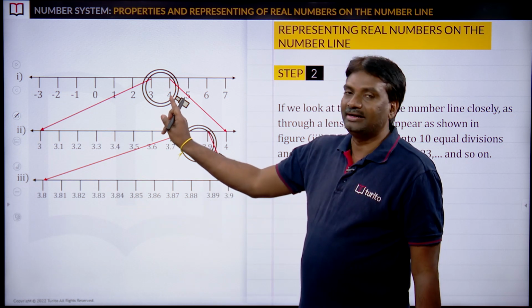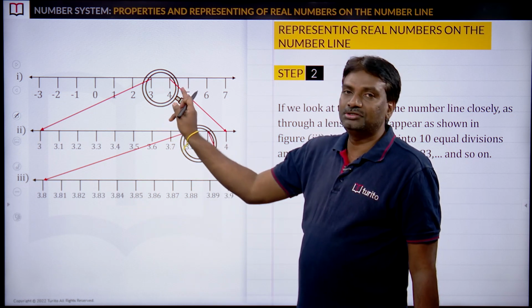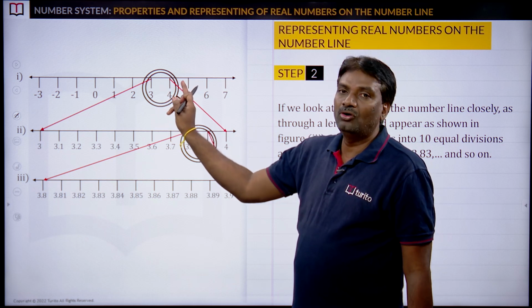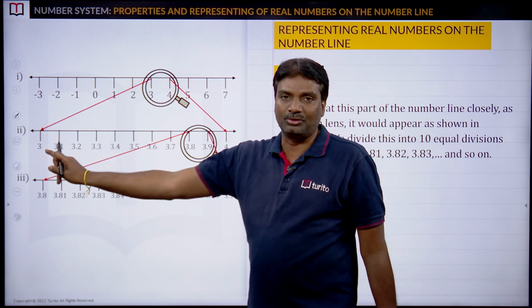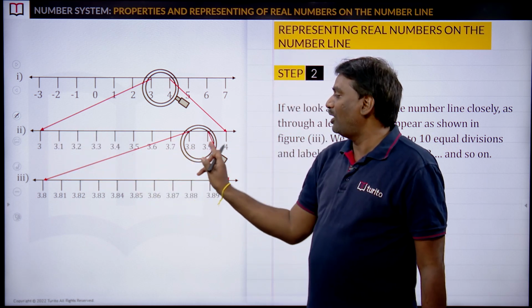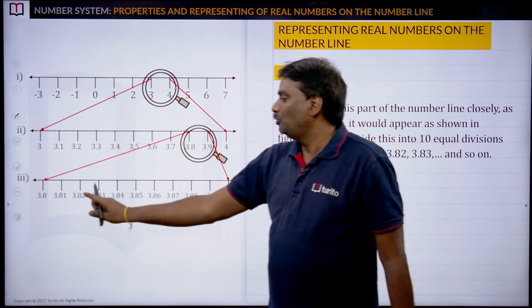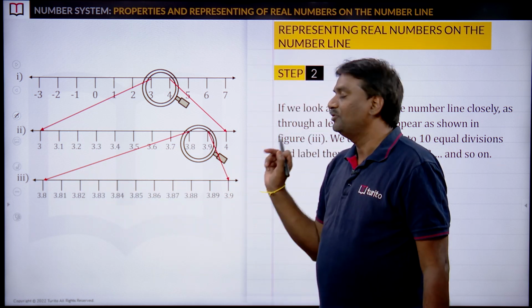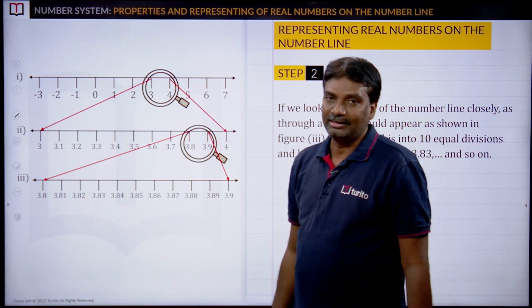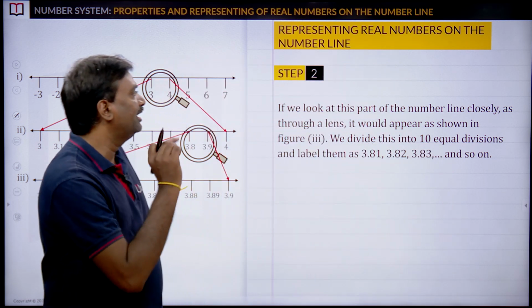So, this is the real number line, this is 3, this is 4. Between 3 and 4 we have taken 3.1, 3.2 and so on, that is figure 2. Again, from 3.8 to 3.9, you divide that as 3.81, 3.82, 3.83 and so on up to 3.9. That is step 2.